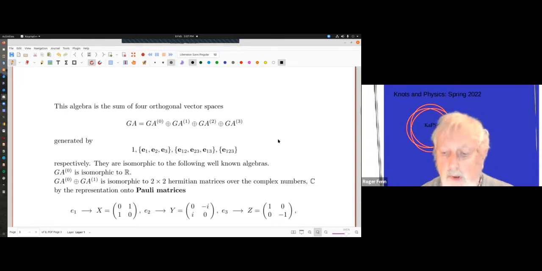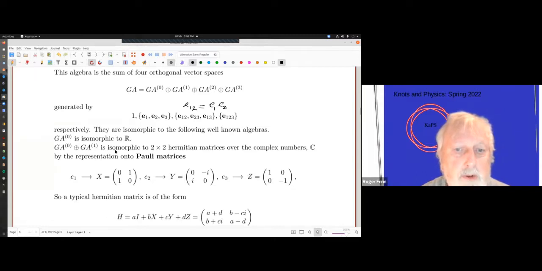E12, I'm using the notation that E12 is E1 times E2, and so on. And E123 is just the product of all 3 of them.